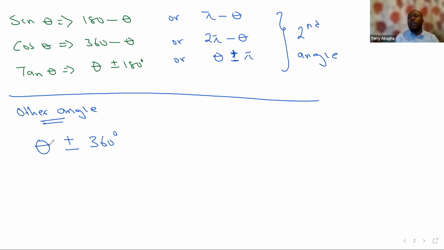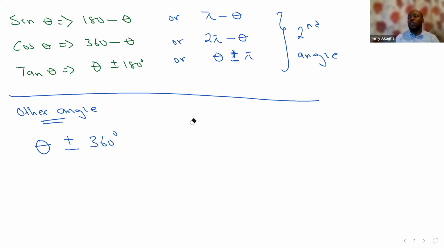Basically, you keep on adding 360 degrees to each of the angles, the first and the second, since all the new angles that come up are new angles as well.